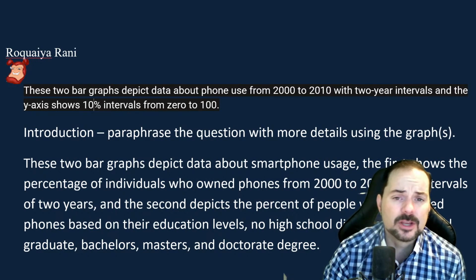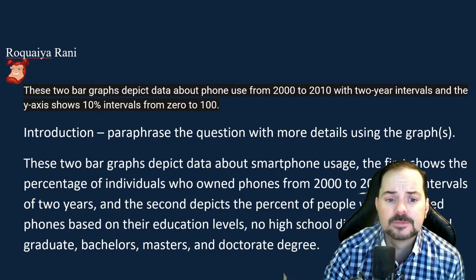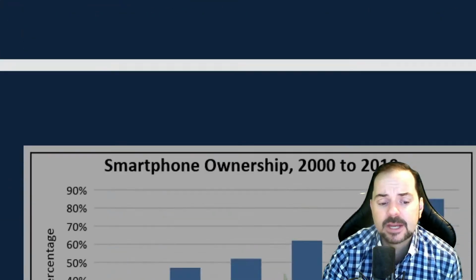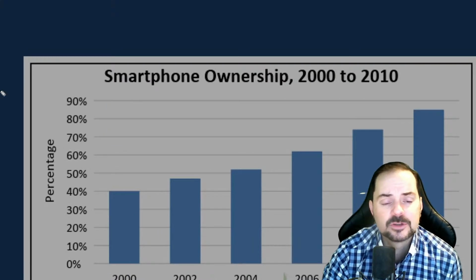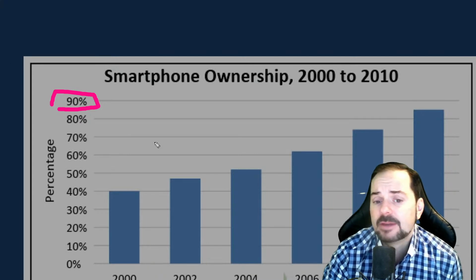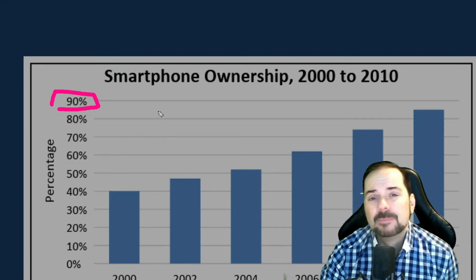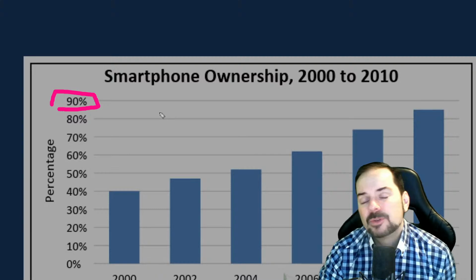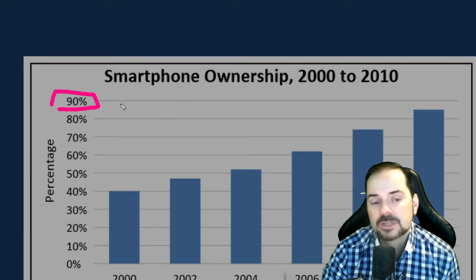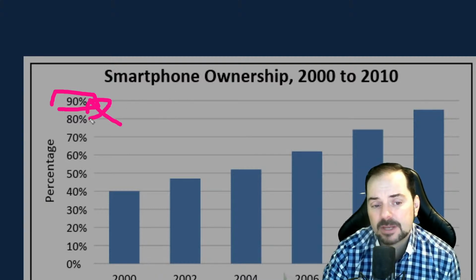And it's also incorrect to say from 0 to 100, because if we pay careful attention here, Rakwea, we can see that the first one actually stops at 90%. So 100% of people never owned phones, right? Now, in IELTS, they're not going to take a lot of marks for those kinds of mistakes unless you have many of them.